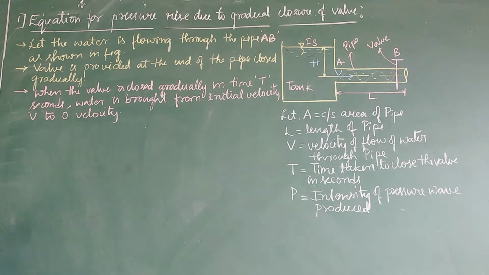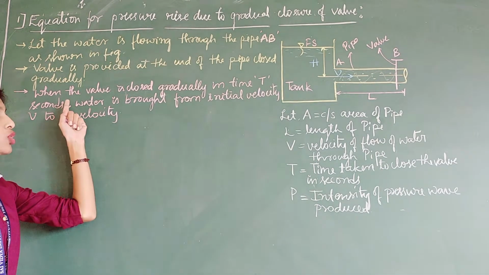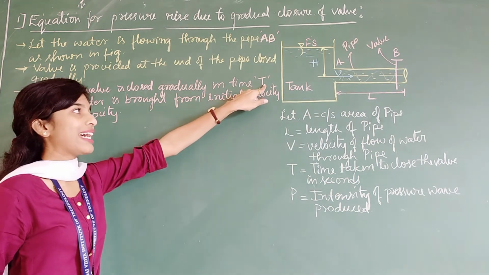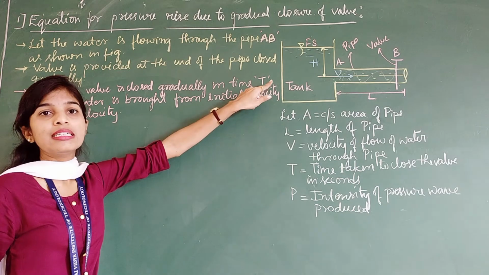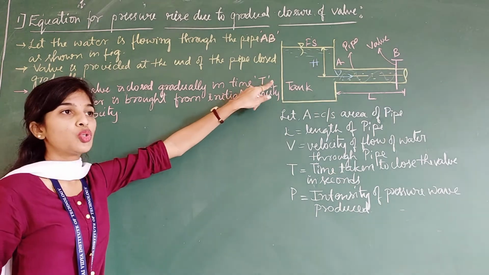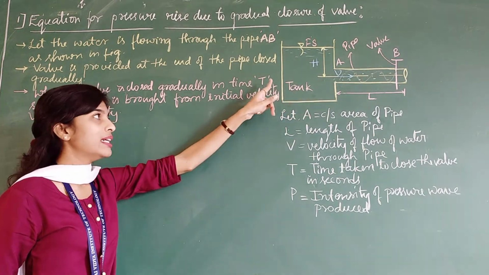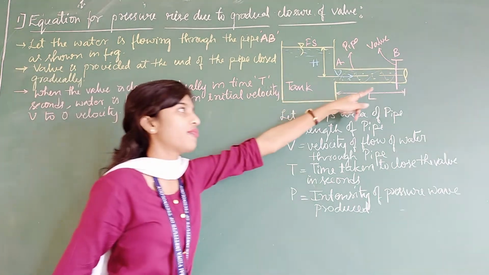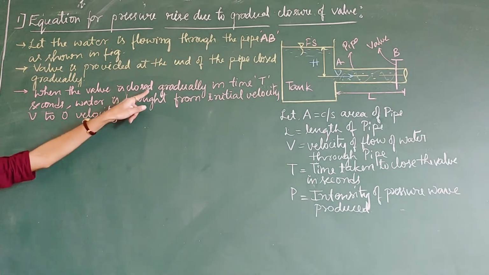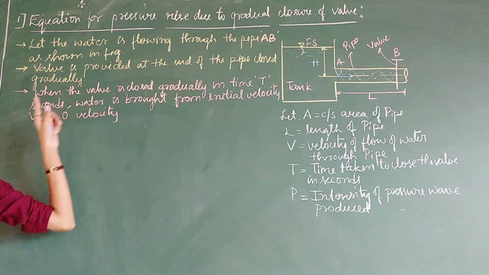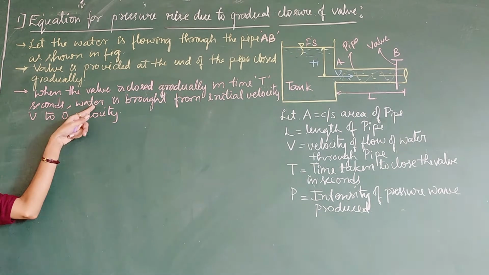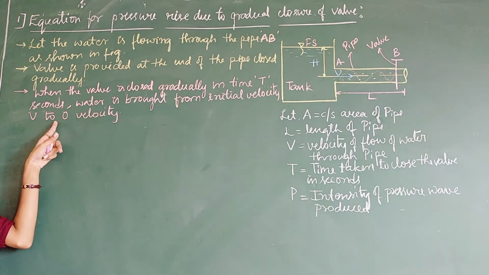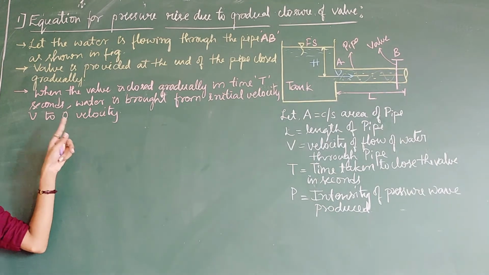What happens when you close the valve gradually? Consider time t as the time required to close the valve, in seconds. When you close the valve gradually in time t seconds, the water is brought from initial velocity v to zero velocity.